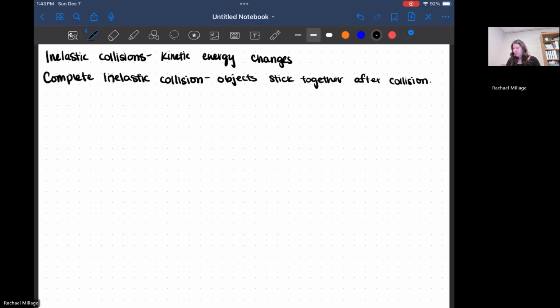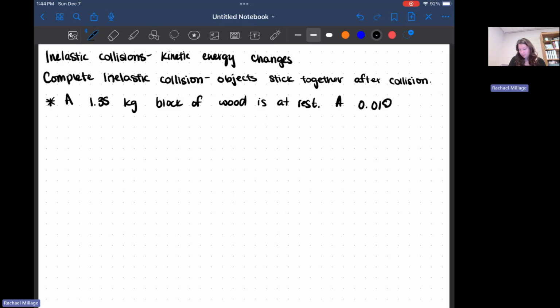So let's do an example of a completely inelastic collision. Let's say a 1.35 kilogram block of wood is at rest.